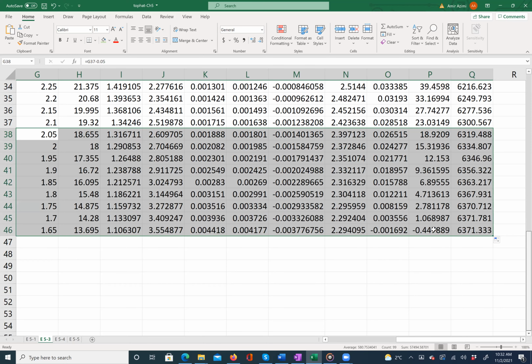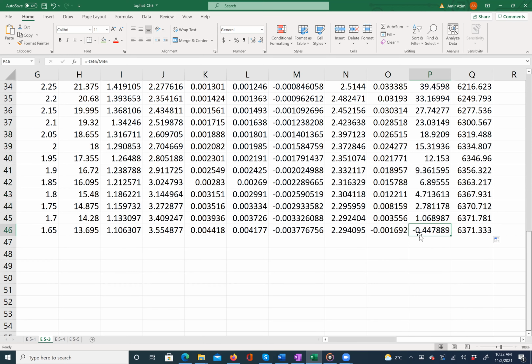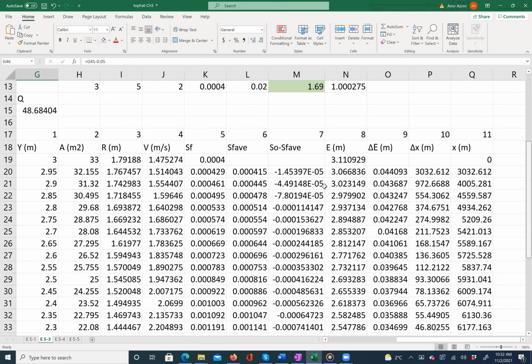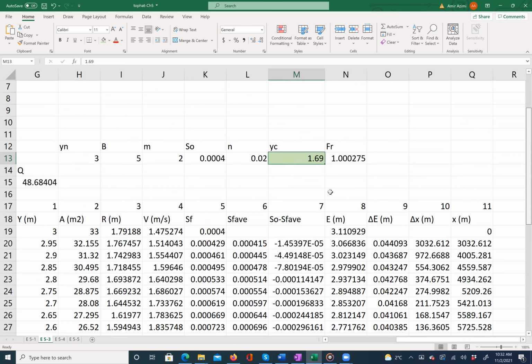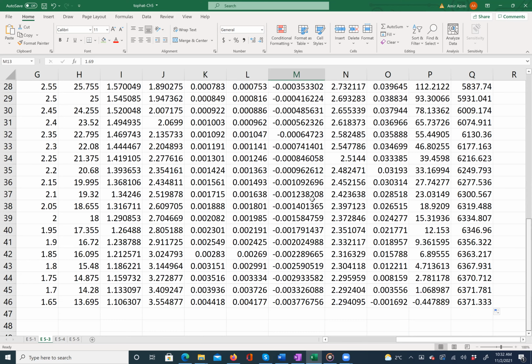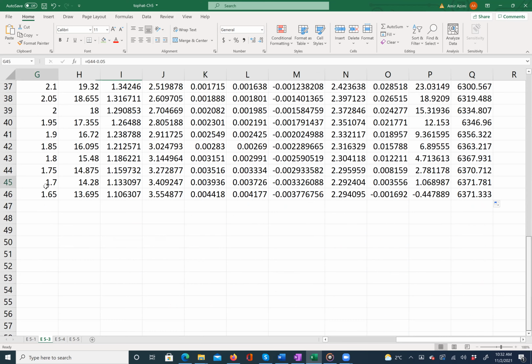And then you reach the point where the distance becomes negative. And that's exactly the point where you have critical depth. So you see here that we calculated the critical depth and it's 1.69. And right at 1.7, we have a positive value.